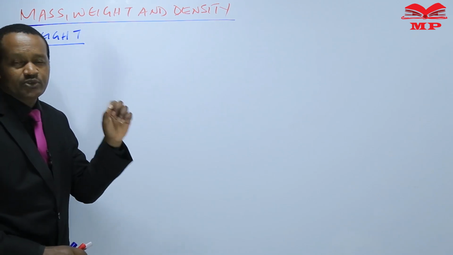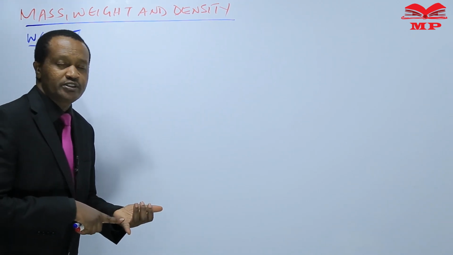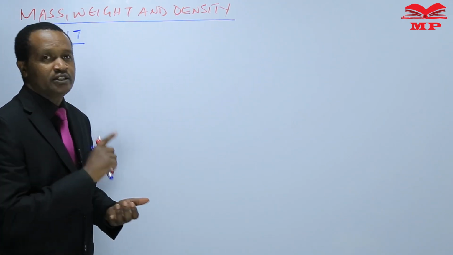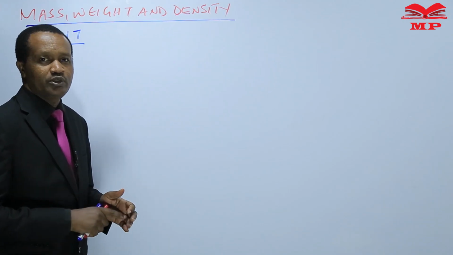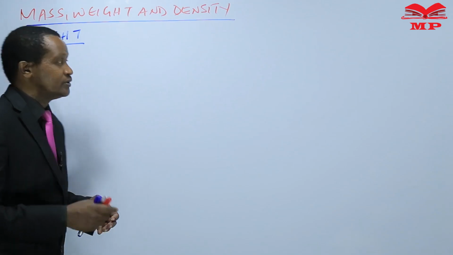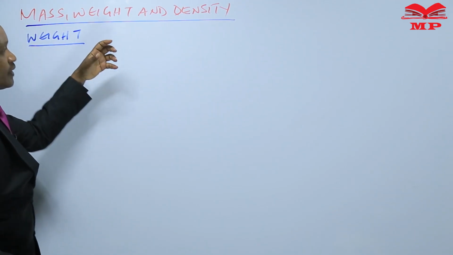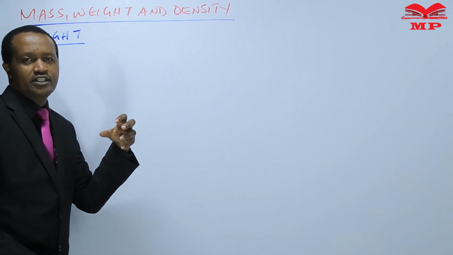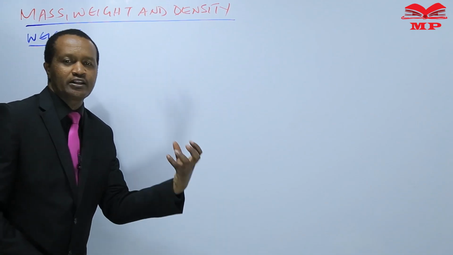And mass, we said, can be measured in kilograms. Kilograms is the SI unit of mass. But there are other units that can be used to measure mass, for example, grams and so on. And weight, we defined weight as a gravitational force that is exerted upon an object by the earth.